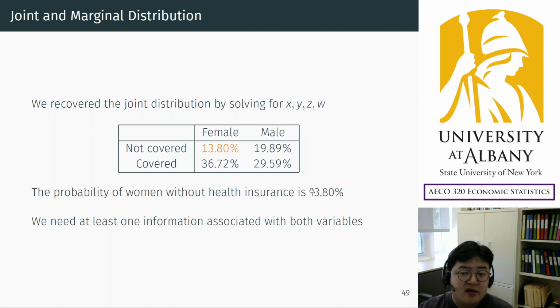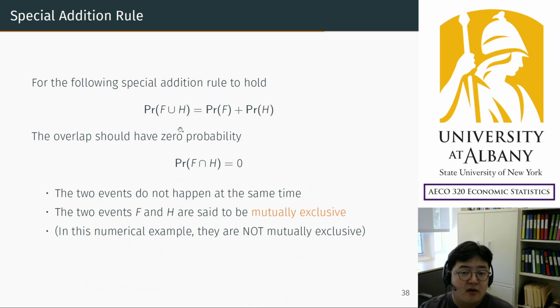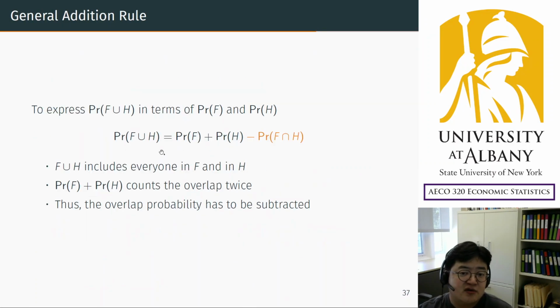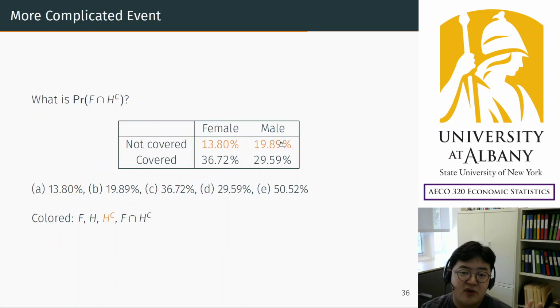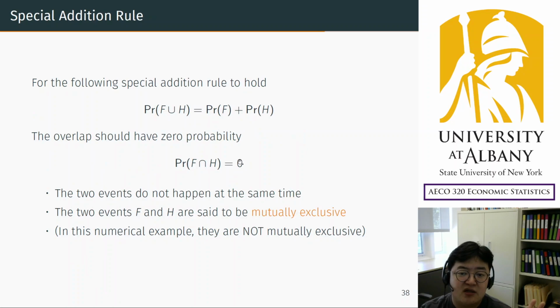And we may connect this also to the general rule of addition. So you want to calculate the probability of the union. If you have only marginal distributions, you cannot recover it. You need additional information. That can be the intersection, or the information that the intersection equals 0, right?